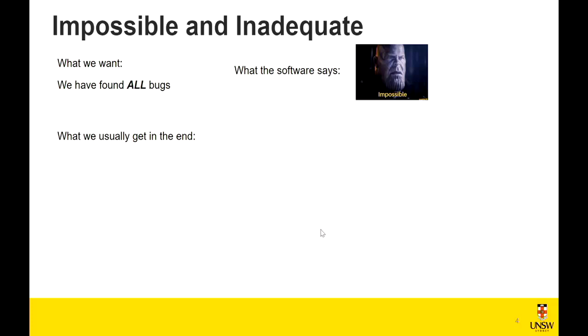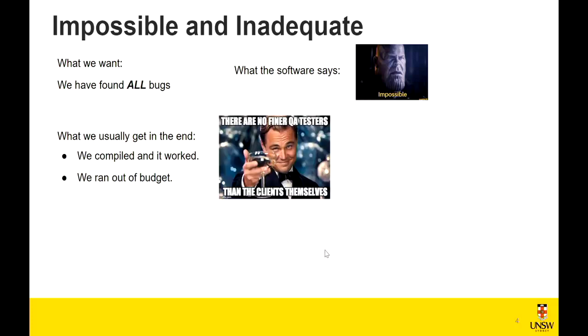And in reality, what we usually get in the end is either we compiled the code and it worked, so it means that we simply did no testing, or we run out of budget, so we can't finish our testing plan. We can't do comprehensive testing. And this actually will leave the testing task to the customers, and this is not what we want.